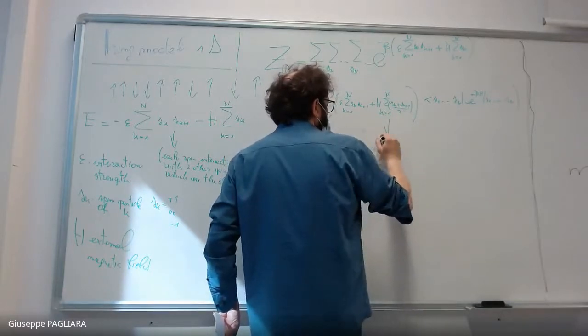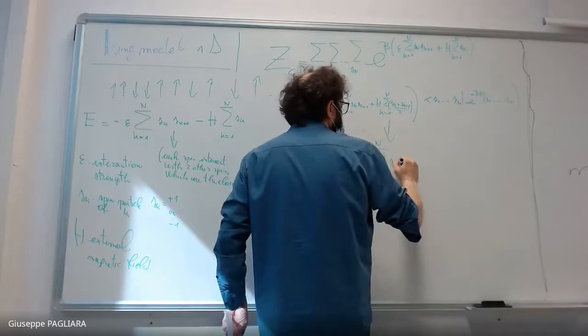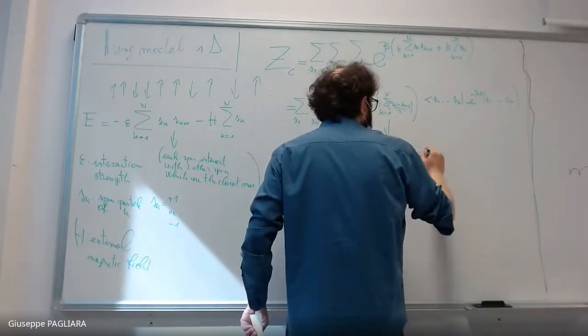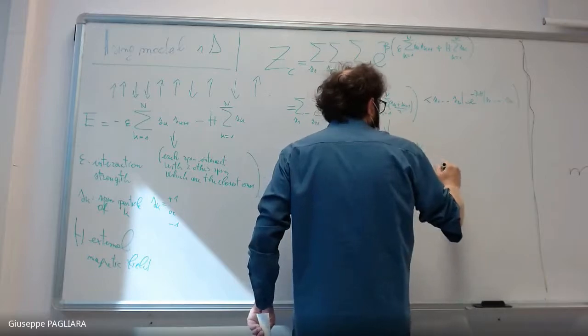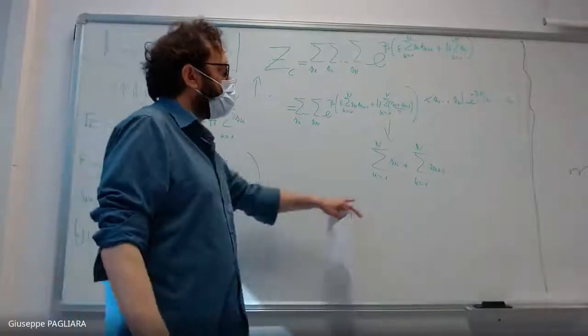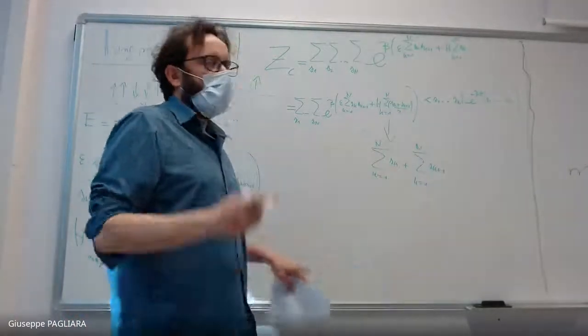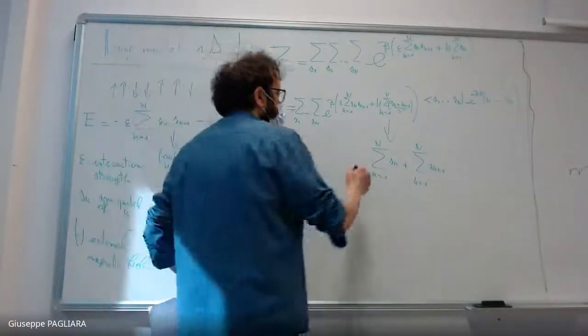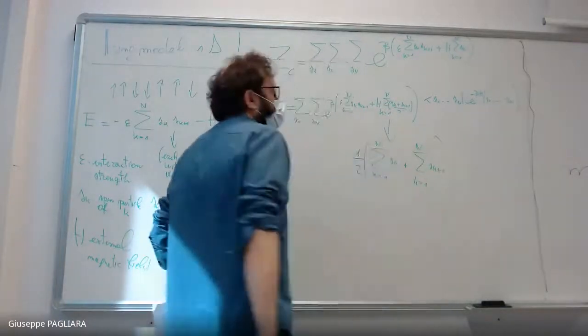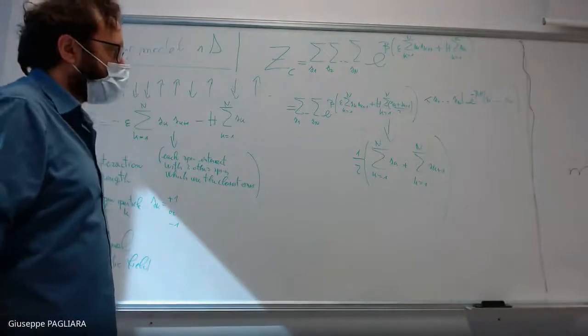So you have the sum from 1 to n of S_k plus the sum from 1 to n of S_{k+1}. For all the terms except the n-th, this is equal, if I take a 1/2, to the previous expression.